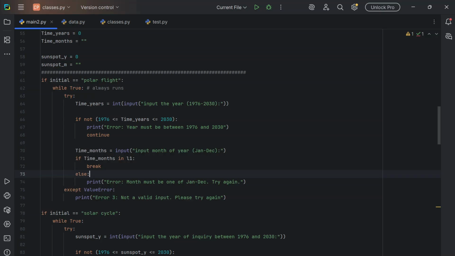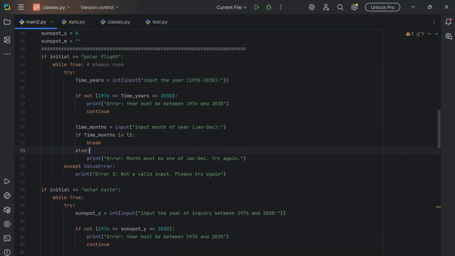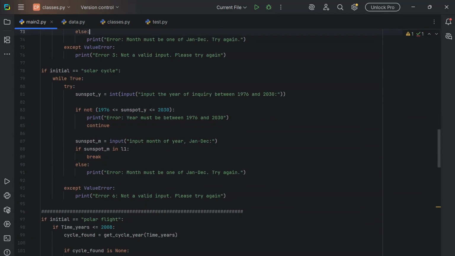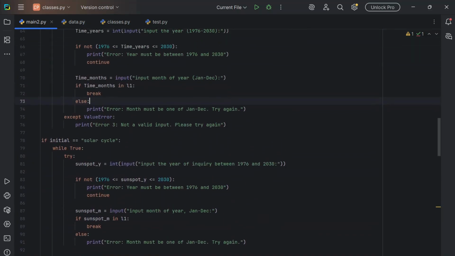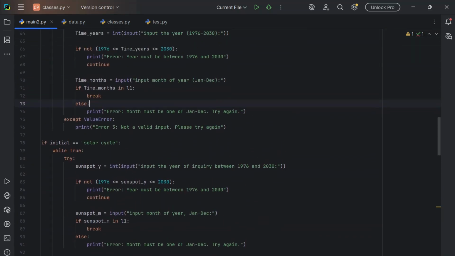Once they answer one of the two, we'll start with polar flight. Actually, I guess we'll start with solar cycle. When it hits the solar cycle, it does that same kind of while true process.